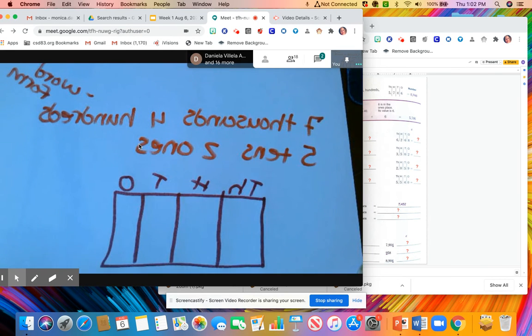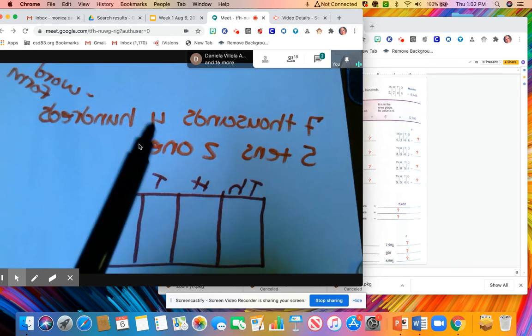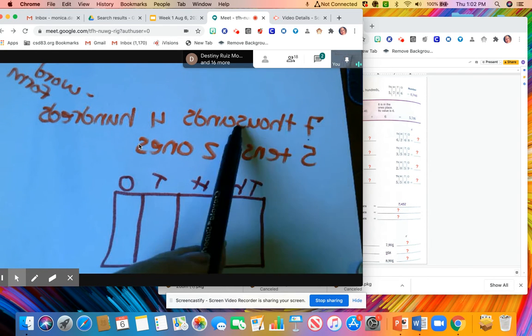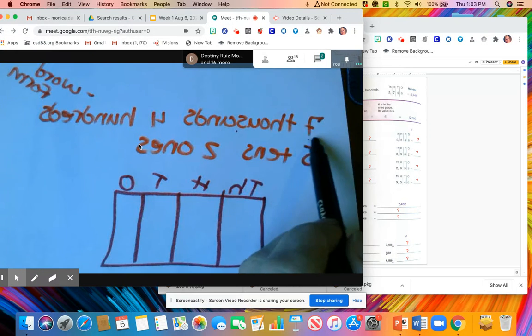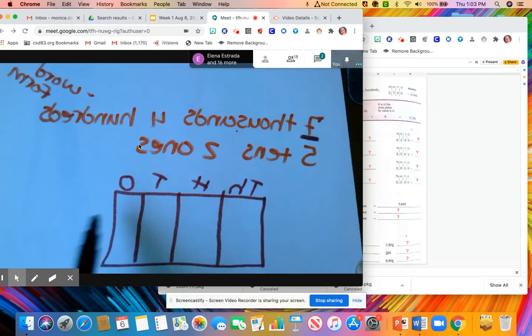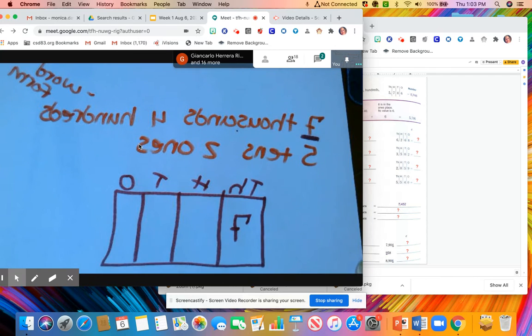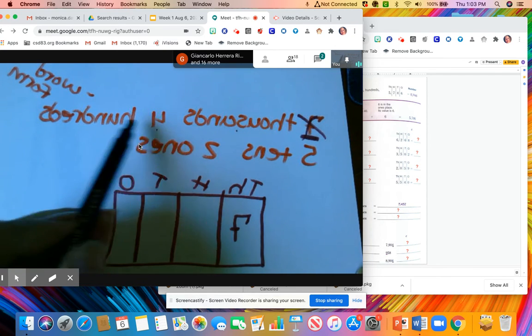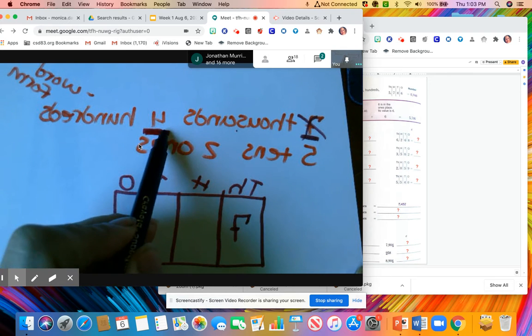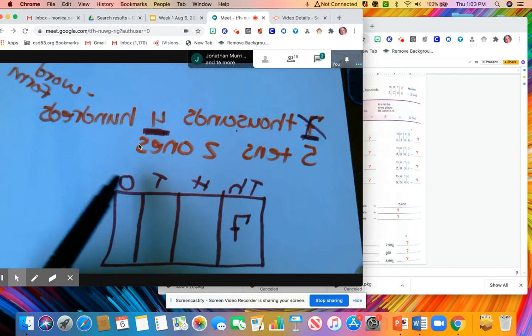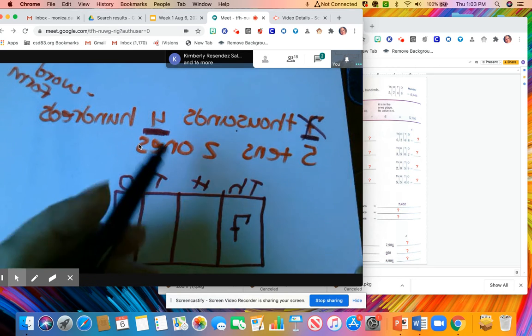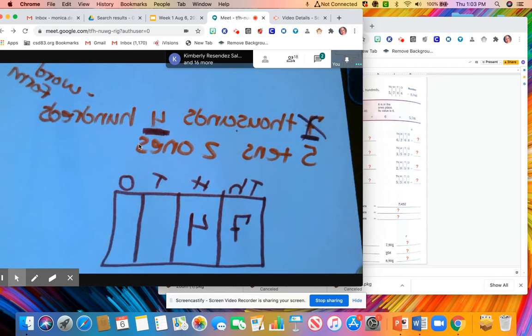So I'm just going to read it and I'm going to write what it says. So it says 7 thousands. So I know that I have 7 in the thousands place. So I'm going to look for the thousands, and I'm going to put a 7. Okay, so that one's done. The next one they have is 400. So they're telling me to put a 4 in the hundreds spot. So I just look for the hundreds, and I'm going to put the 4 right here.